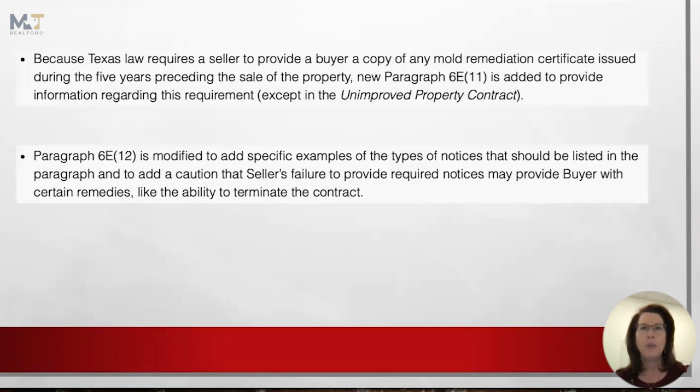Paragraph 6E12 is modified to add specific examples of the types of notices that should be listed in the paragraph and to add a caution that seller's failure to provide required notices may provide buyer with certain remedies like the ability to terminate the contract. So understand what these are.